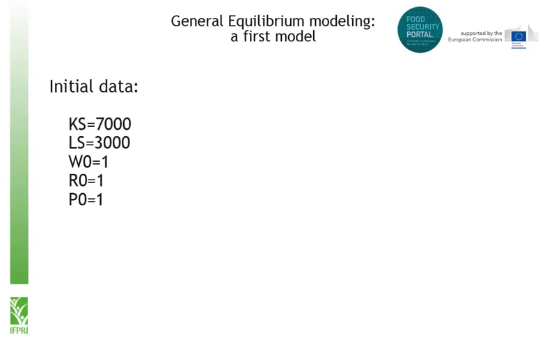The supply of capital, 7,000; the supply of labor, 3,000; and the price of labor, of capital, and of the unique good, the initial prices, are all equal to 1, which means that we have normalized labor, capital, and the quantity of the unique good.